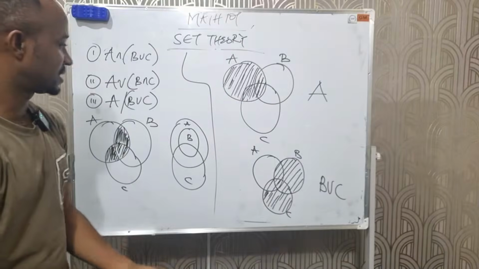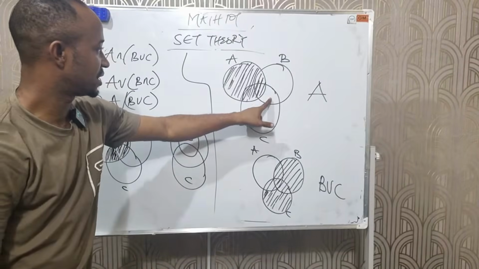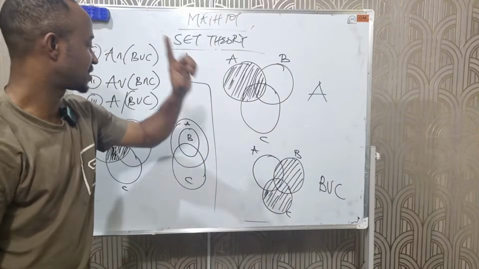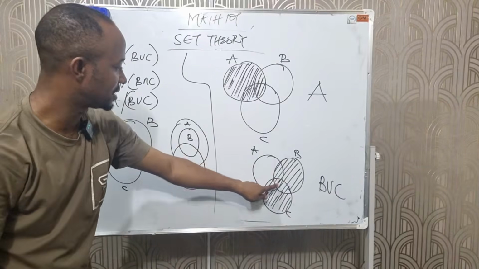Let's take this. This part is not shaded. This part is shaded, so it's not an intersection. So the only intersection we have is just this, this, and this.